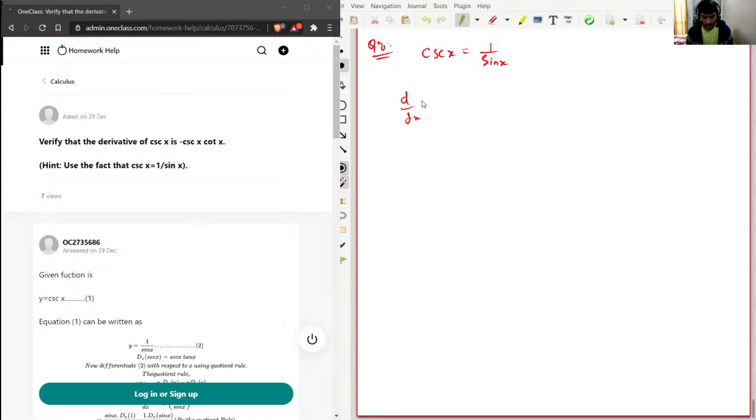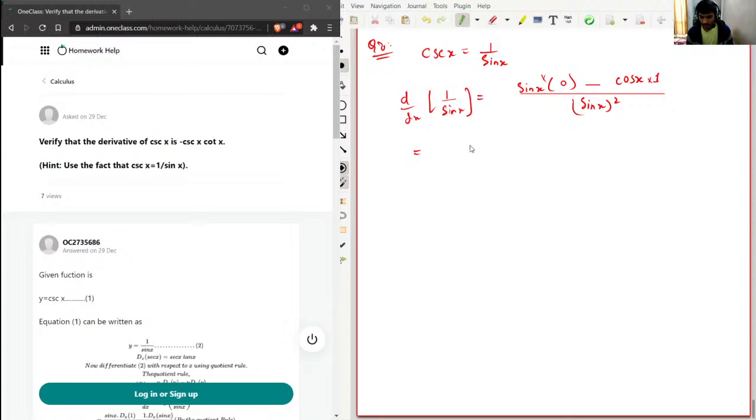So d dx of 1 over sine x, I'll use the division rule. So that will be sine x times the differentiation of 1, which is 0, minus the differentiation of sine x, which is cosine x, and 1 is multiplied, over sine x whole square.